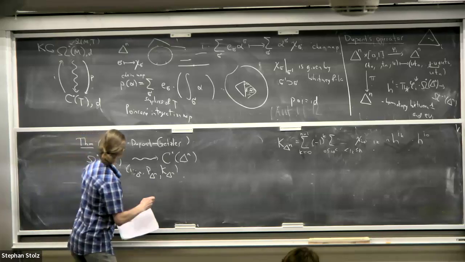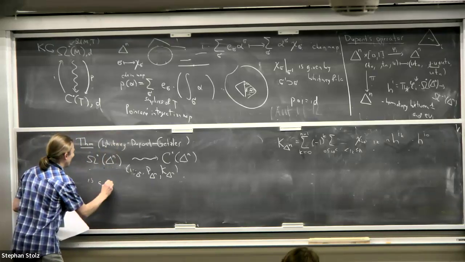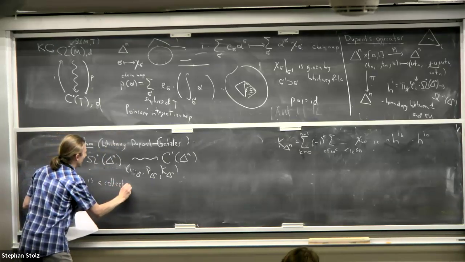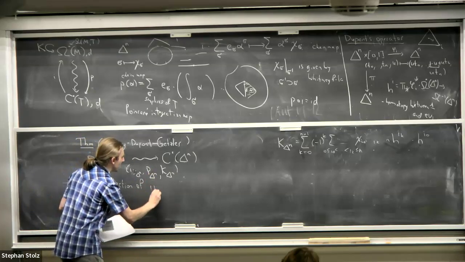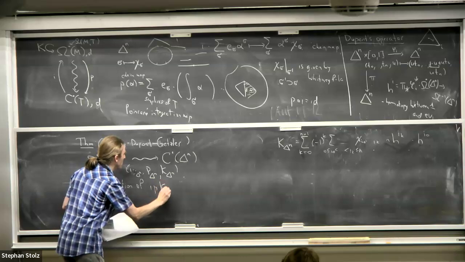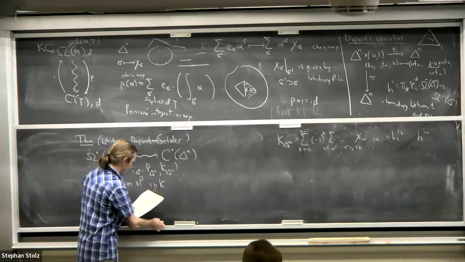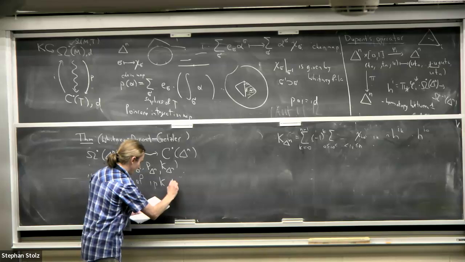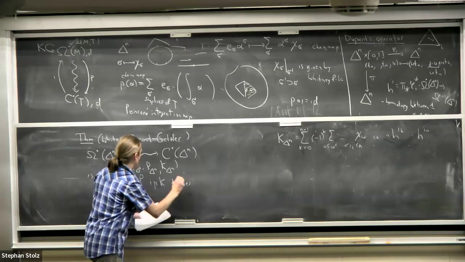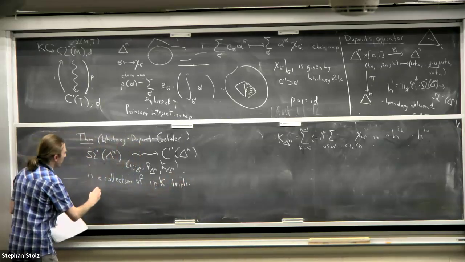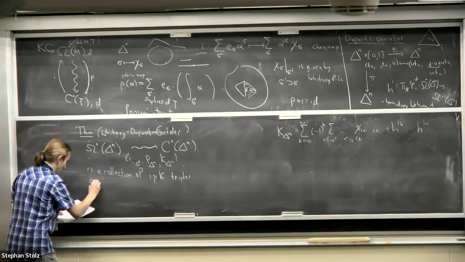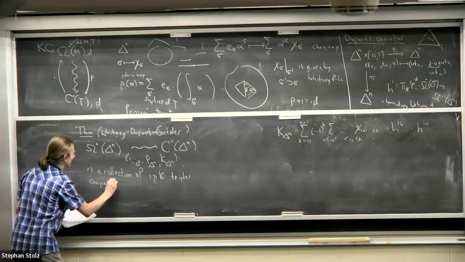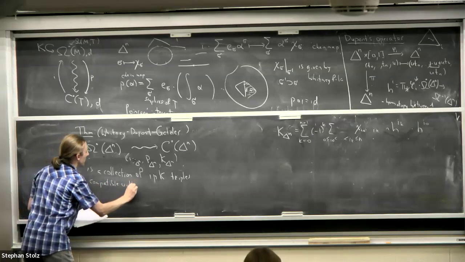So this is a collection of IPK triples or SDR data, whatever word you want to use. They satisfy all the axioms of IPK triples, and they are compatible with face maps, with the inclusion of sub-simplexes into the simplex.